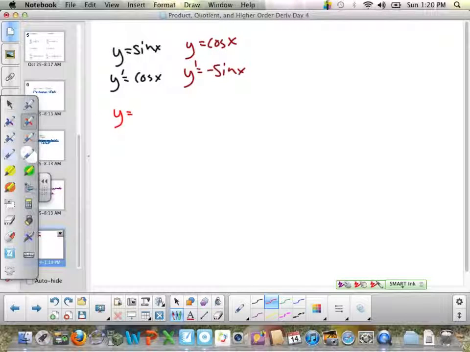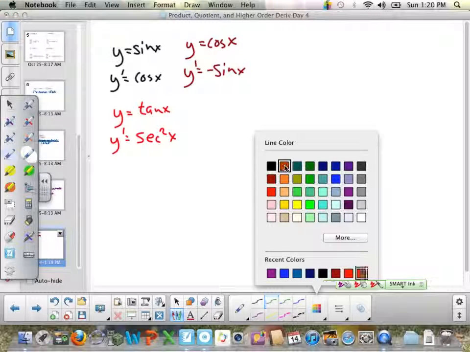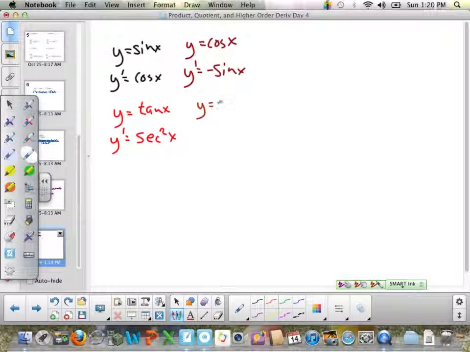The derivative of the tangent of x is secant squared of x. The derivative of cotangent of x is negative cosecant squared of x.